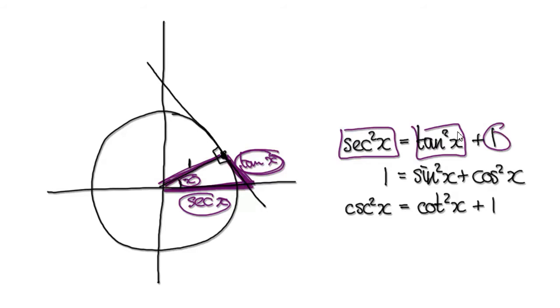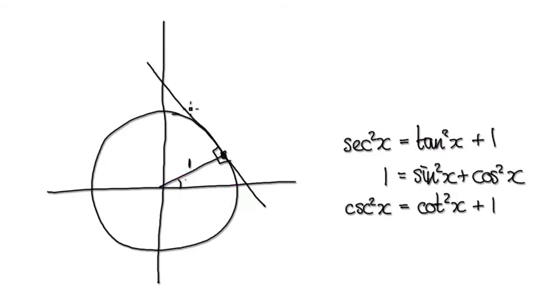Don't forget this is a tangent line. This would be 90 degrees. If you look at this triangle, it turns out that this length here is cotangent of the angle, whatever the angle may be, and this length here would be your cosecant of x, and the radius stays the same, of length 1.